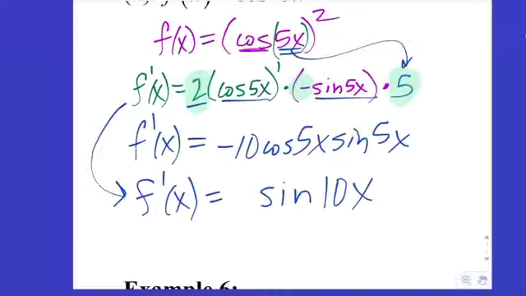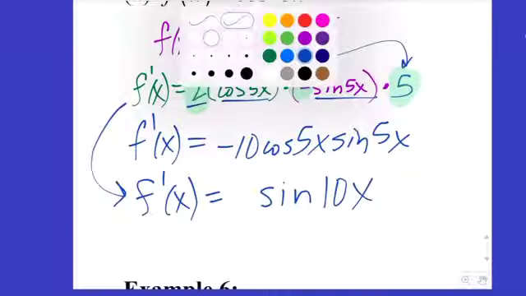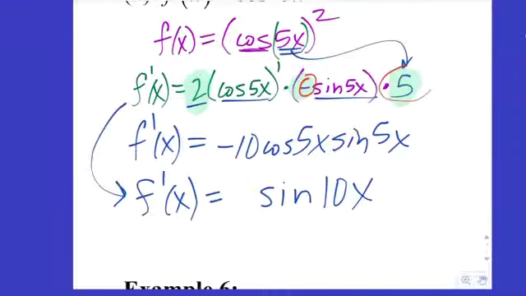So if I use those underlined pieces, what am I still left with as my coefficient now? A negative 5. So negative 5 sine of 10x is also correct, using the double angle identity. I like that version. Okay, hint, hint, wink, wink.